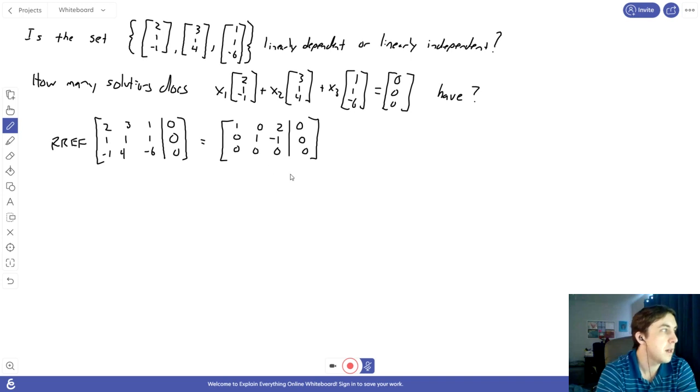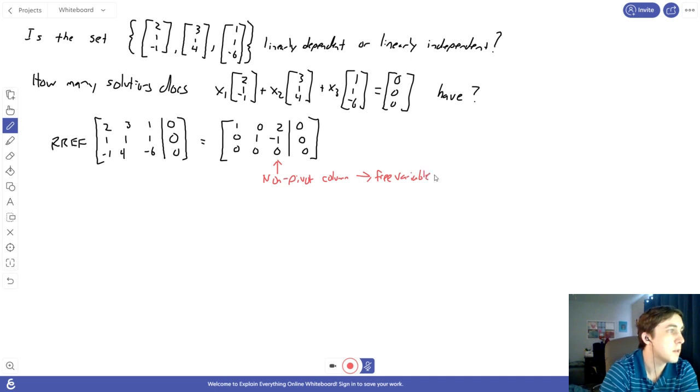So when I look in here, I see this non-pivot column right here that's going to give us a free variable. And we know that free variable is going to correspond to infinitely many solutions.